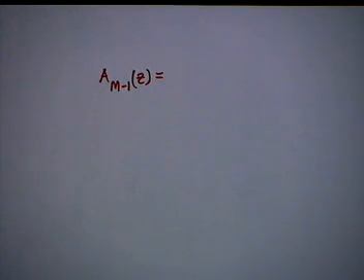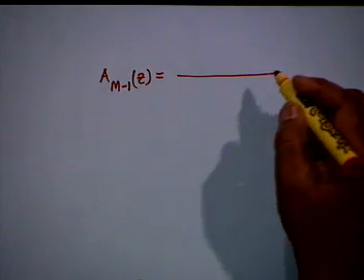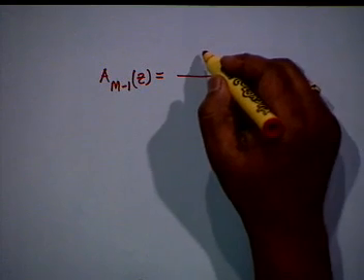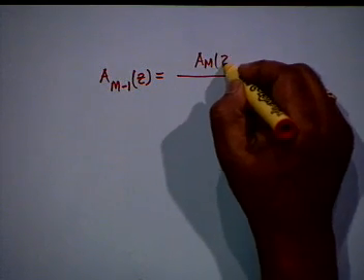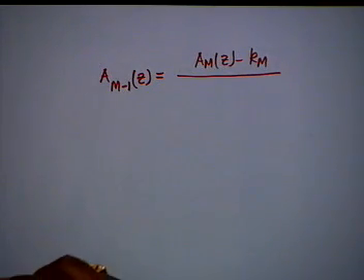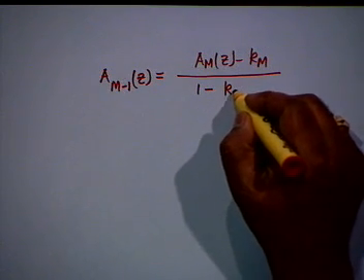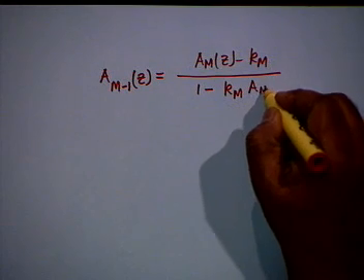Again we aim at an all pass function. We shall show that it is all pass. What we form is A_(m-1)(z) equal to A_m(z) minus k_m, where k_m is the same as d_m, divided by 1 minus k_m A_m(z).